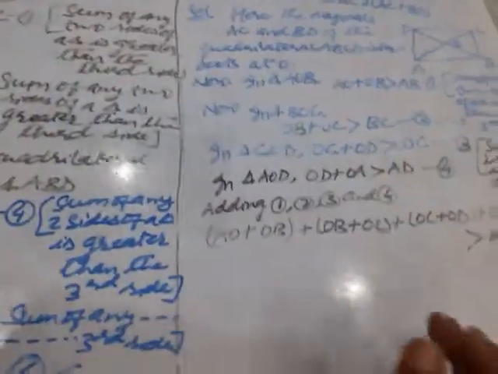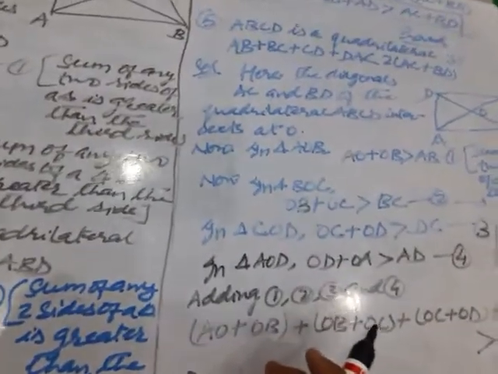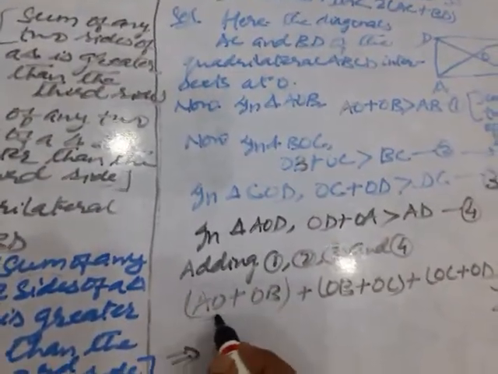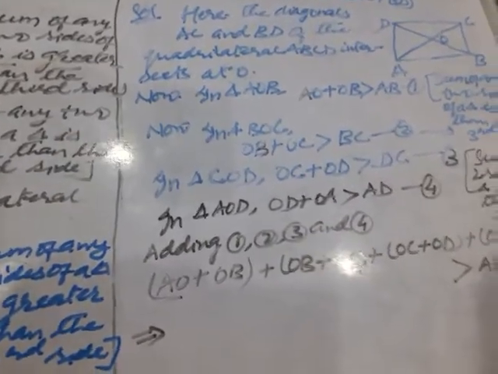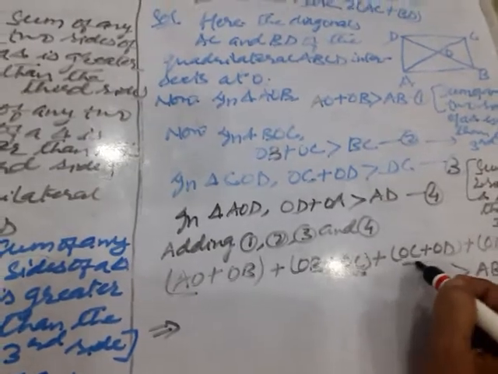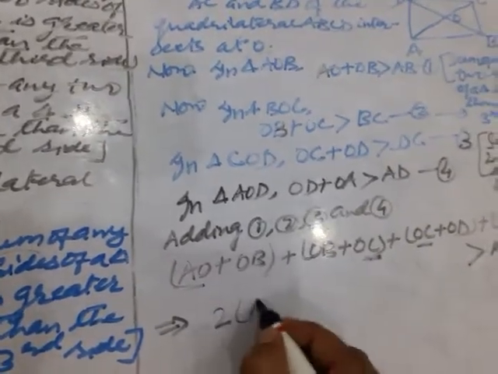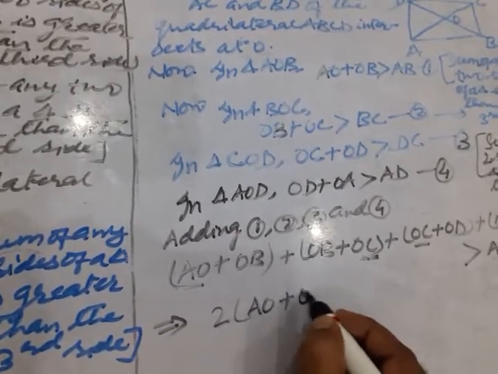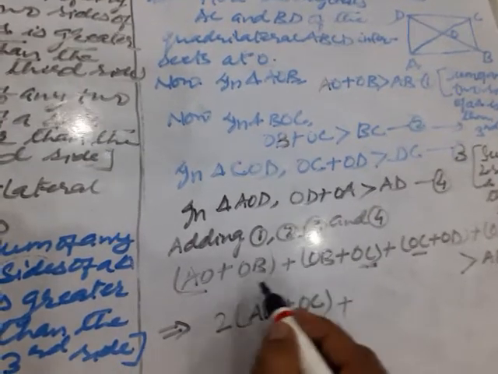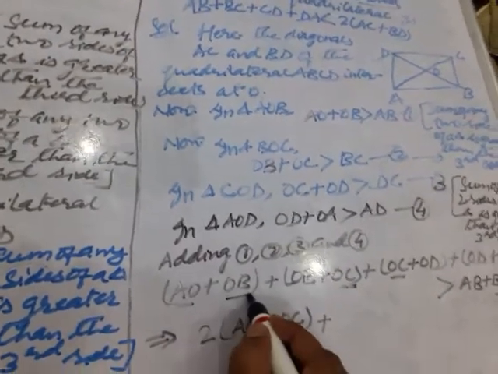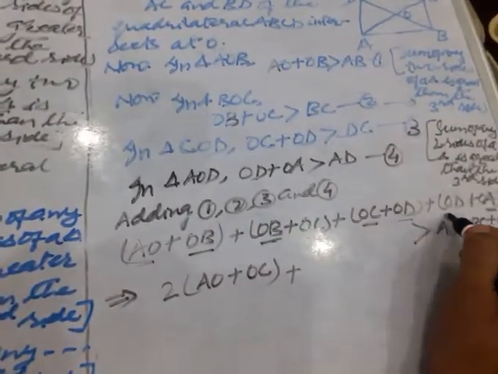Okay children, let us adjust the things systematically. This implies that AO plus OC, and again AO plus OC means 2 times, that is 2 times AO plus OC, plus OB plus OD: OB 2 times, OD 2 times.